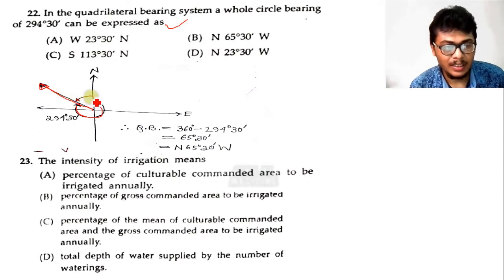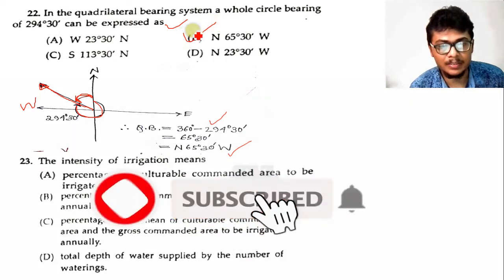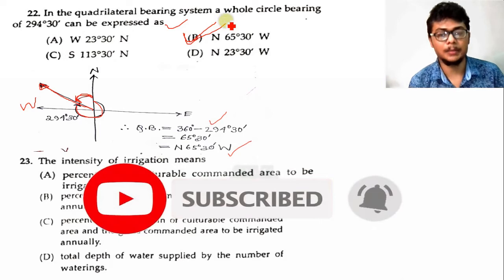Therefore this will be my quadrantal bearing. Quadrantal bearing will be 360 degree minus 294 degree 30 minutes. The answer will be 65 degree 30 minute, and the direction will be north west. Therefore, not 65 degree 30 minute west, my answer is north 65 degree 30 minute west. The correct answer is B.